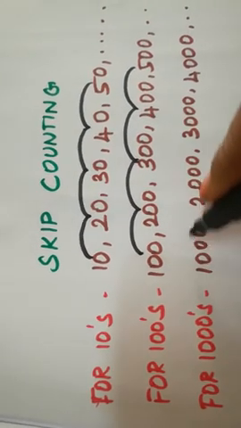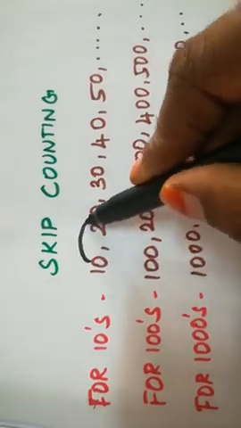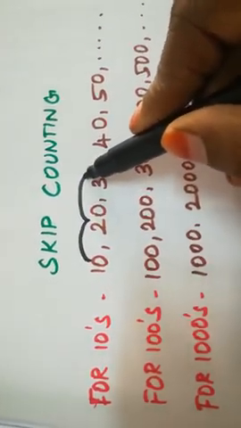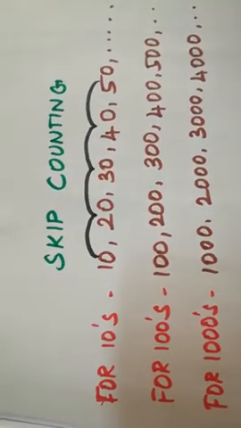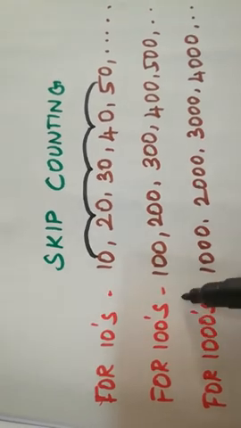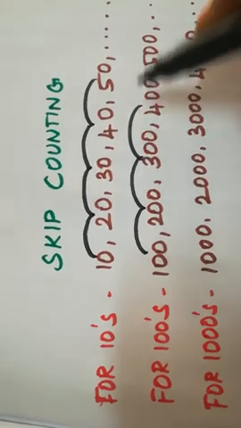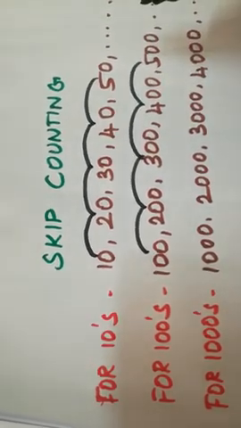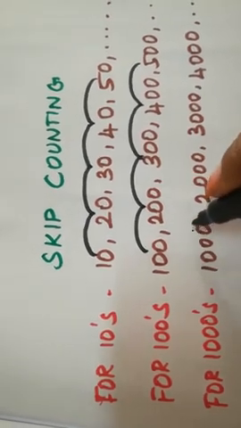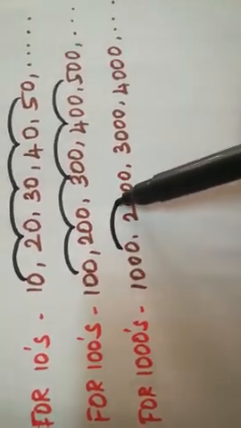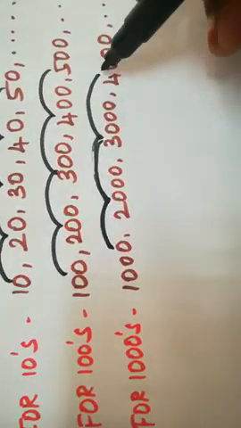For thousands, 1000 to 2000, 2000 to 3000, 3000 to 4000, like that it goes on.